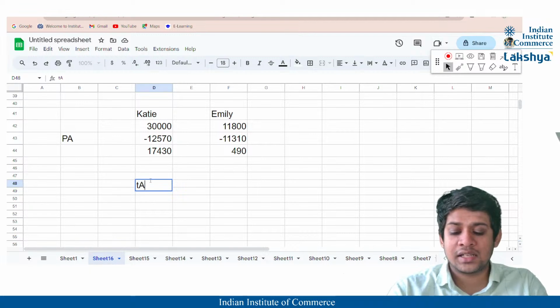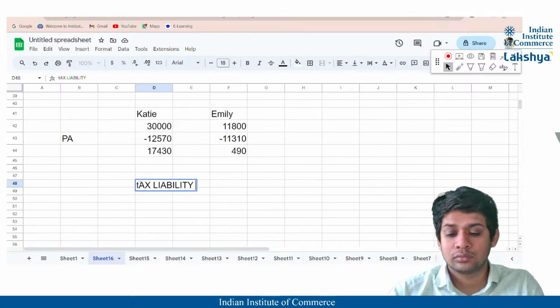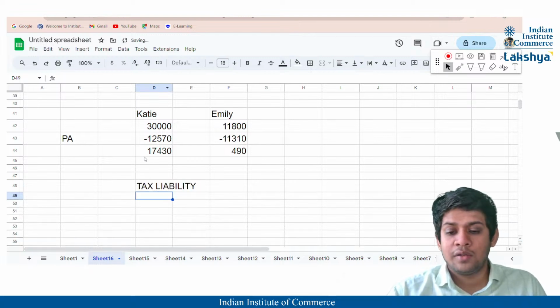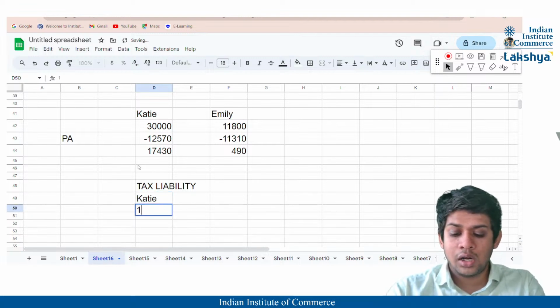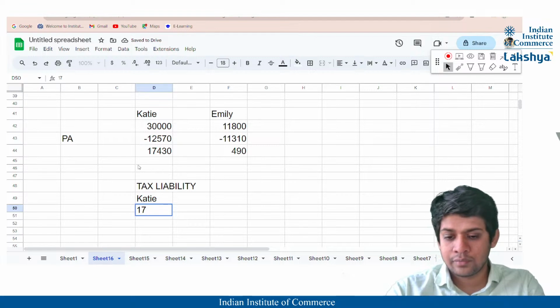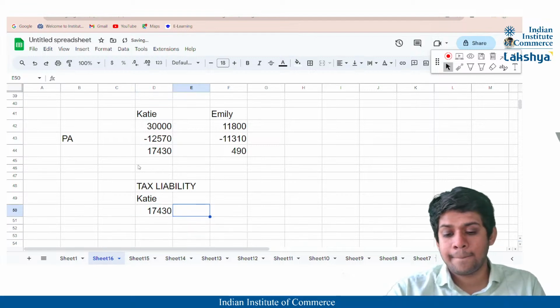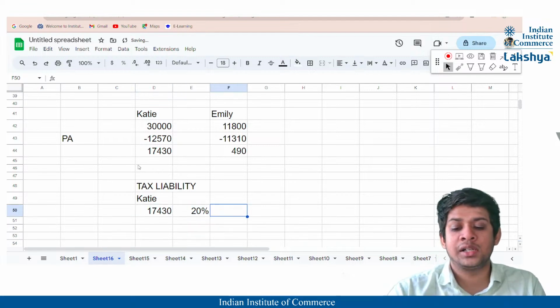Now let us compute the tax liability for Katie and Emily. Firstly, we'll do it for Katie. Her income is 17,430. On that, she will pay 20% tax.